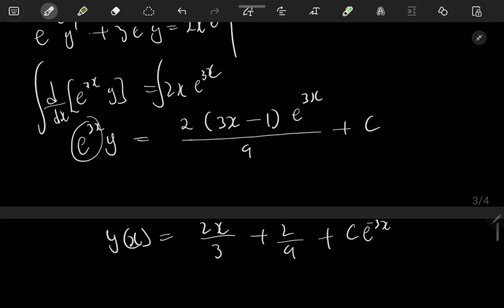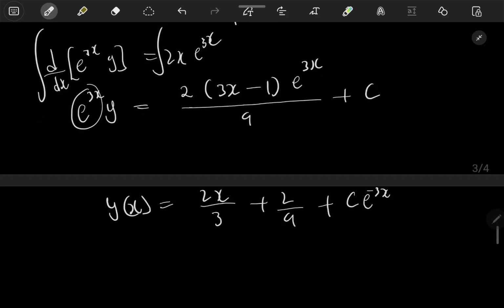From here it's easy to notice that the domain for this function is everywhere, an element of negative infinity up to positive infinity. Nothing restricts this. It can take any value.